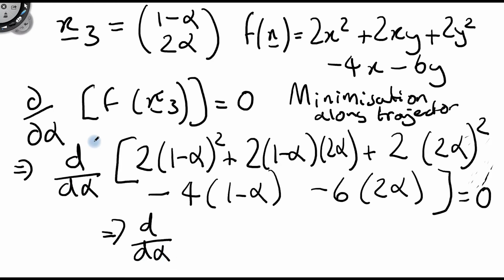This is written in partial terms because it's the most general way of doing it, but once we realize it's just a function of alpha, we can resort to upright d's. There's a little bit of chasing of things here, but first of all, let's figure out where all the alpha squared terms come in. So what have we got? We've got a 2 alpha squared coming from this first term here.